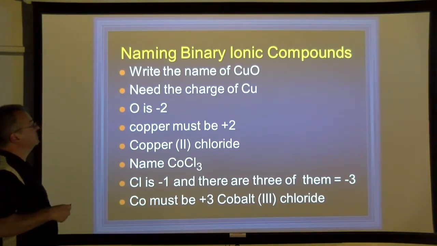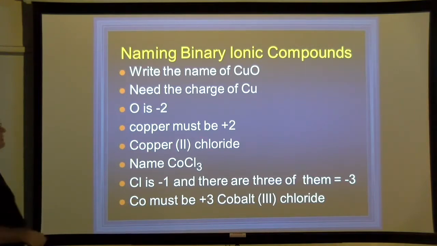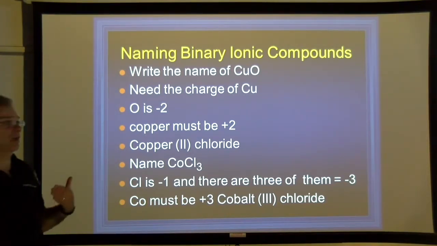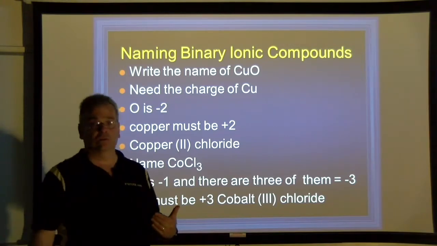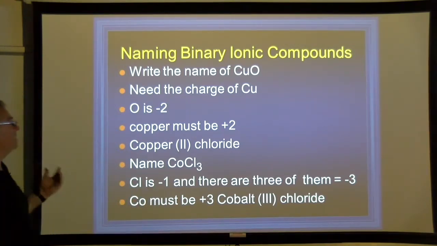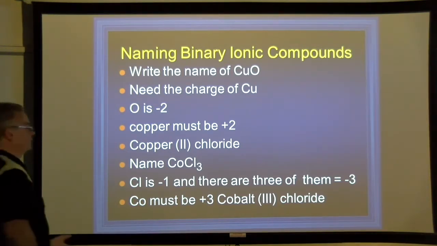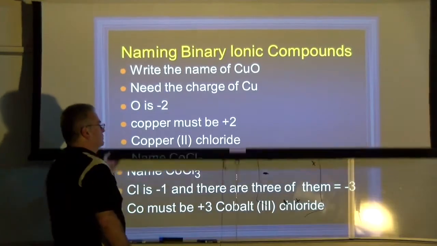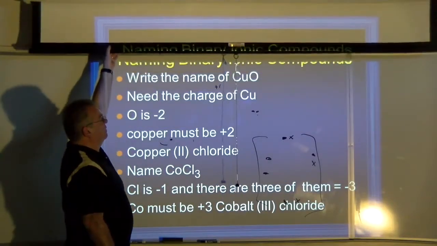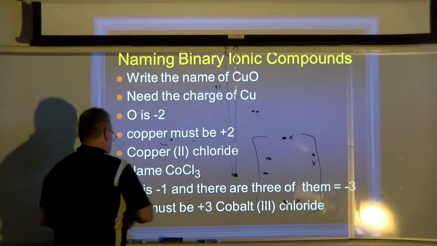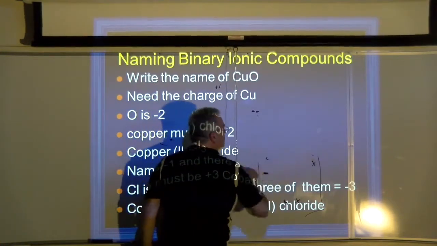If I got copper 2 chloride, what would its formula be? This would be like a short answer question. What is its Lewis dot structure for copper 2 chloride? That could be a Regents question right there in the short free response sections.